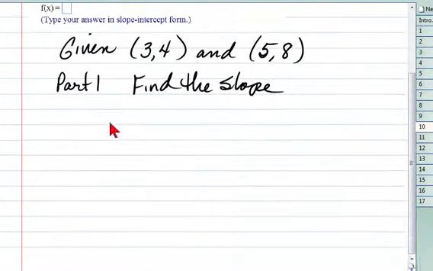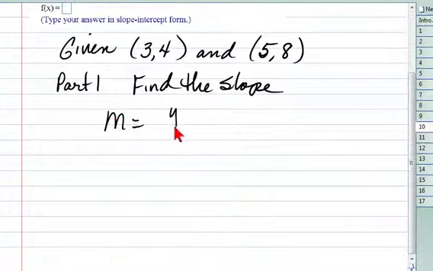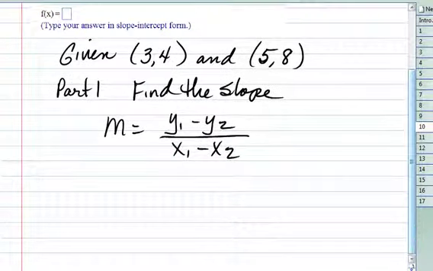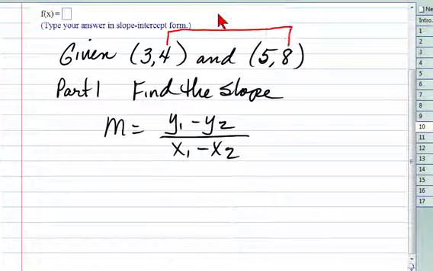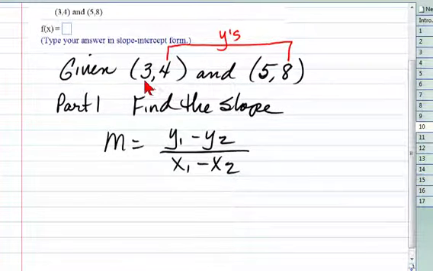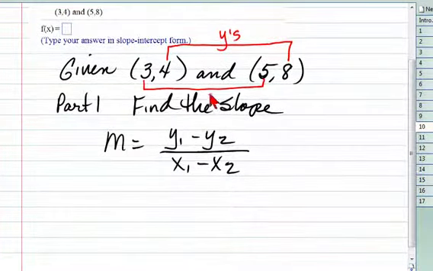We use the slope formula. m is equal to y1 minus y2 over x1 minus x2. The y's are always the top of the ratio, and the x's are the bottom.